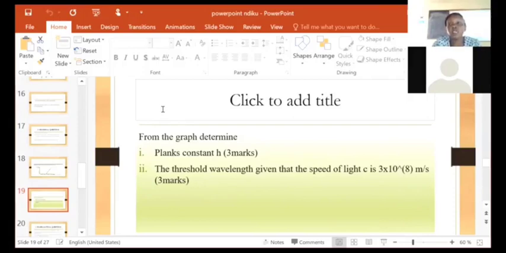When it comes to the calculation of the gradient, we get the change in y over change in x. That is change in kinetic energy divided by change in frequency. But it's important to note that the change in kinetic energy must be multiplied by 10 power 19, and in the denominator the frequency will be times 10 power 14. And then you work out.